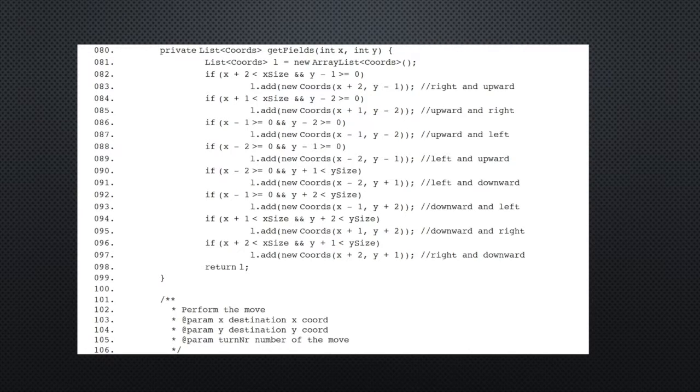So for example, if x plus 2 is less than the width and y minus 1 is more than or equal to 0, the knight will move right and upward. This will be repeated throughout the whole process with each if statement, and at the end of the method it will return the new coordinate. Now I will pass on to my groupmate Colin for the next part of the slides.